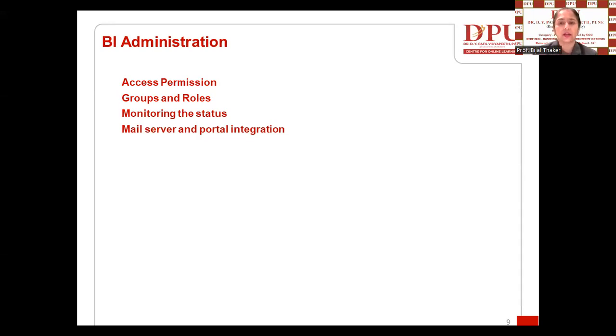So basically, connecting the data from your BI system to the portal, so that real-time data will be reflected immediately. You don't need to follow multiple steps to access the data. Nowadays every e-commerce platform or every organization needs to make data-driven decisions. So effective integration of the mail server and portal with your BI system can improve user engagement.